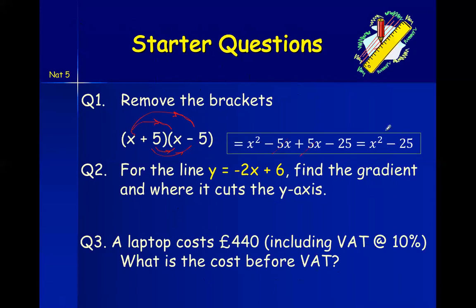You could have gone straight to the difference of 2 squares, x squared minus 25. Find the gradient. So you just say m equals negative 2. And where does it cut the y-axis? When x equals 0. So it cuts at 0, 6. Straight line.